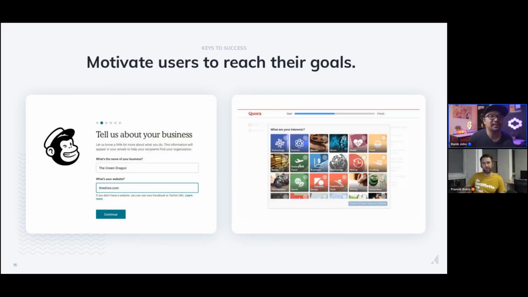When it comes to motivate, it's really about painting a picture of what the promised land looks like as quickly as possible. A great example of this is MailChimp, where they start trying to get you to define what your business is and what your website is about, and start choosing different design elements to it. And that can really help motivate, because there's a sense of ownership.